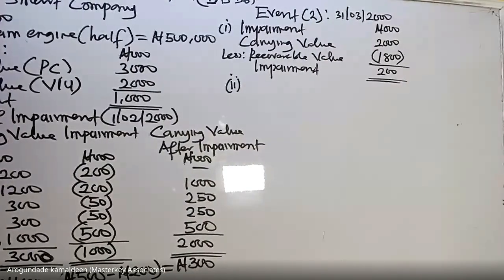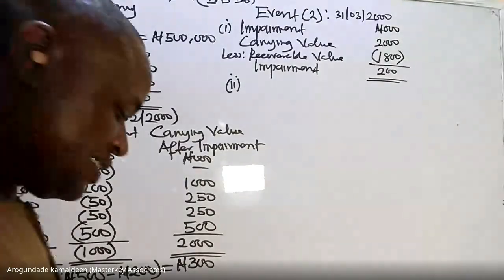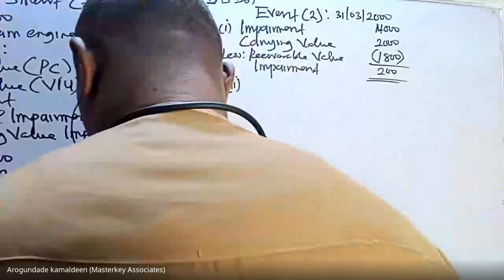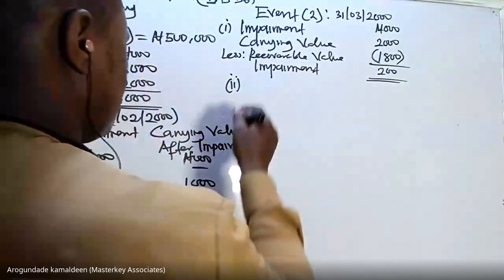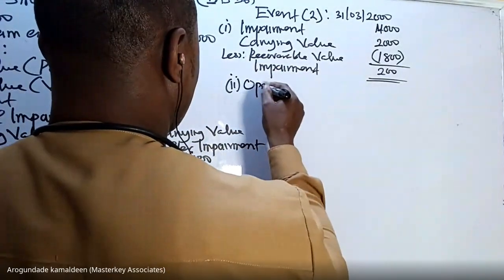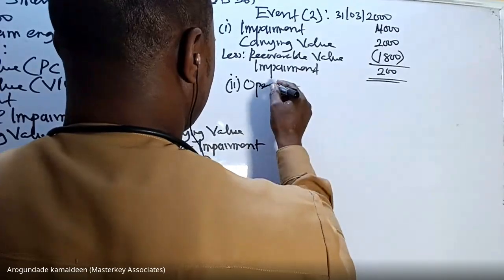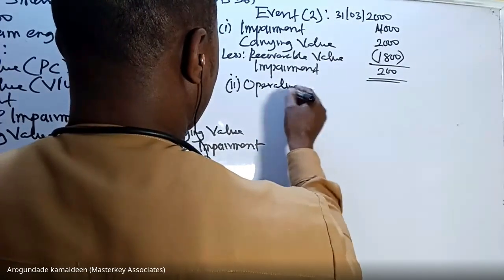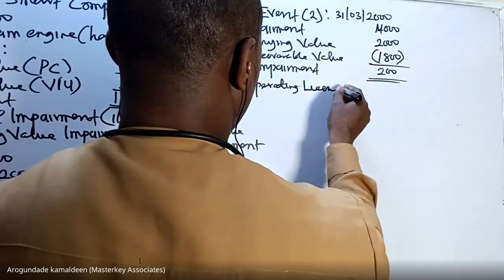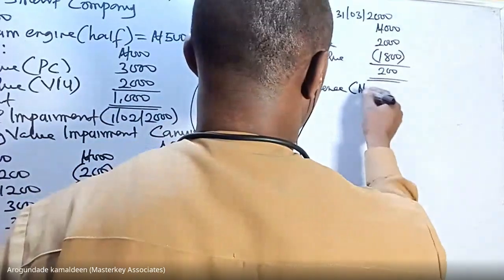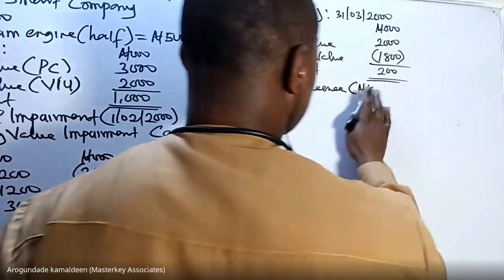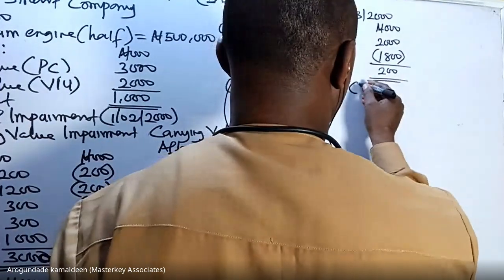So that is also an obviously damaged asset. Operating license, that'll be from what has a carrying value of 1 million.